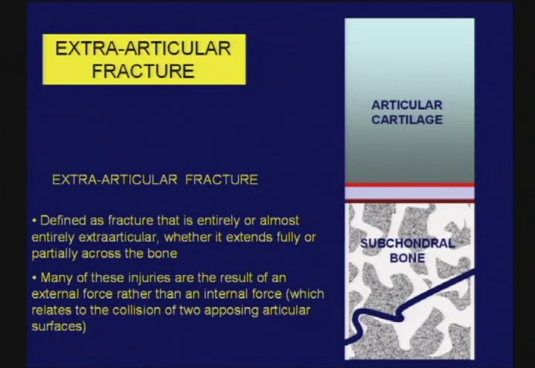Many of these injuries, not all, are related to an external force, not to a force that came through the articular cartilage. So the further away from the end of the bone that you see these fractures, the more likely they have nothing to do with an injury to the end of the bone.